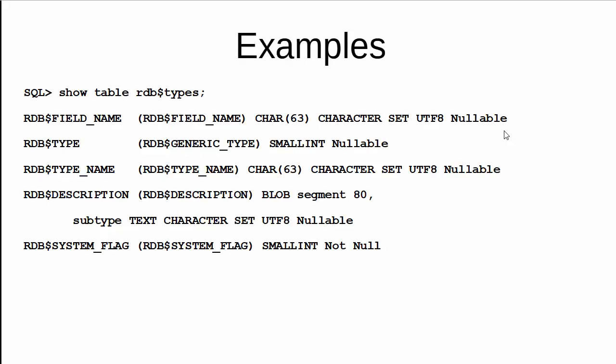Example of set explain plan. Let's imagine that we do a really simple query to the system table RDB$TYPES. This table contains a list of all types used by Firebird. We just took it as an example because it contains char, smallint, blob, so that's a pretty good example for our purpose.